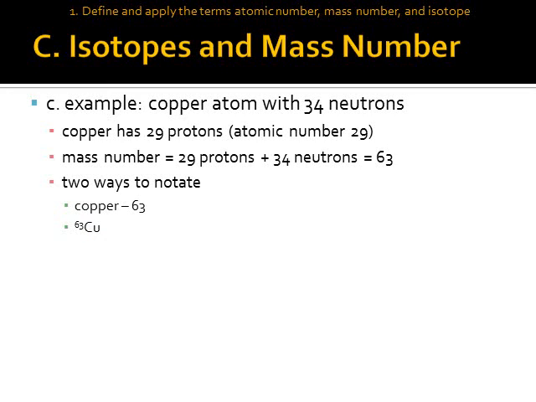So if you were reading either of these in text, you would read them simply as copper 63. You wouldn't vocalize the dash, you wouldn't say copper dash 63. Likewise, if it was in symbol form, you wouldn't say 63 Cu. You would just read them both as copper 63.